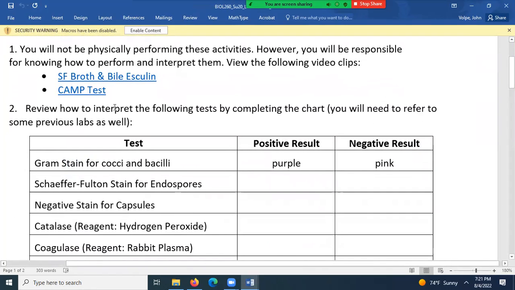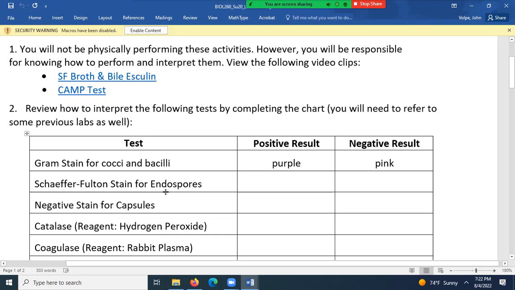The second thing you should do is fill in this table here. Review how to interpret the following tests by completing the chart. You will need to refer to some previous labs as well as this lab, like the Schaeffer-Fulton stain for endospores, which was discussed in a previous lab.